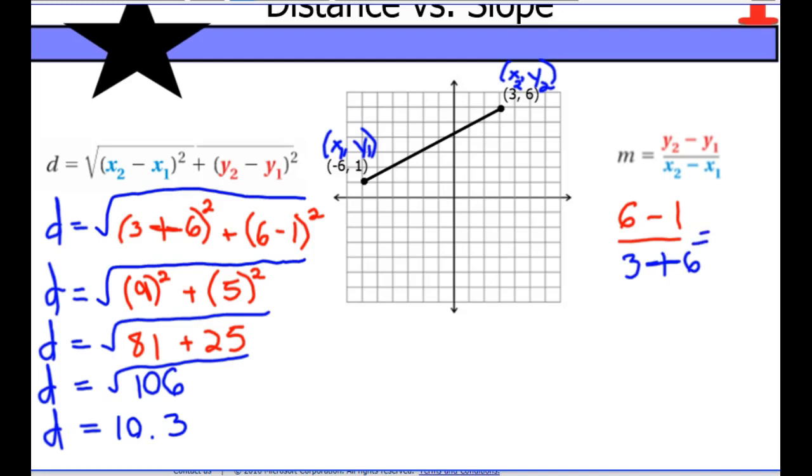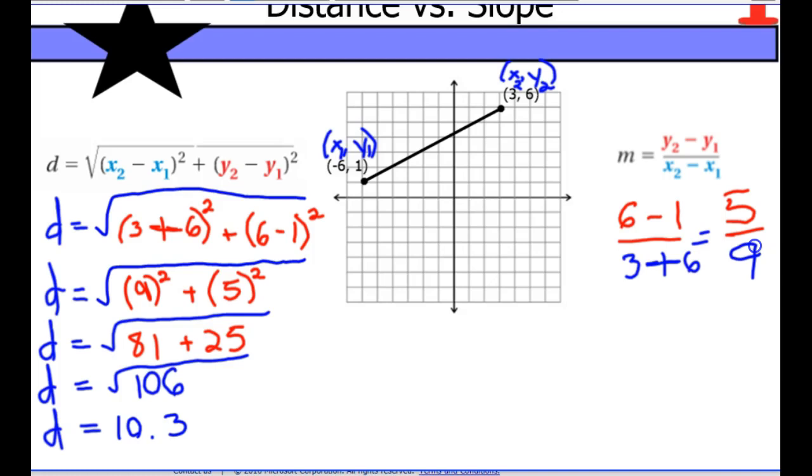So what we get then is 6 minus 1, which is 5, and 3 plus 6, which is 9. So our slope is 5 over 9, or 5/9.